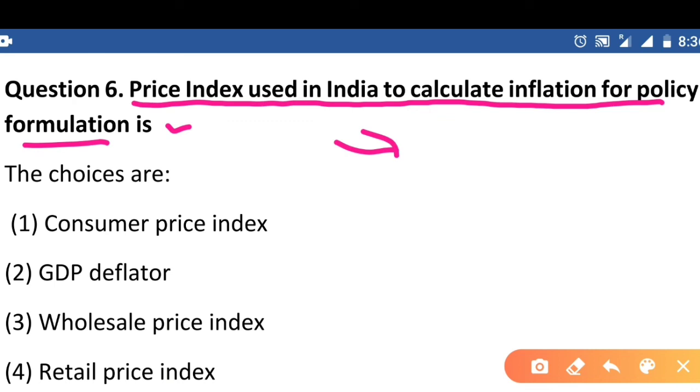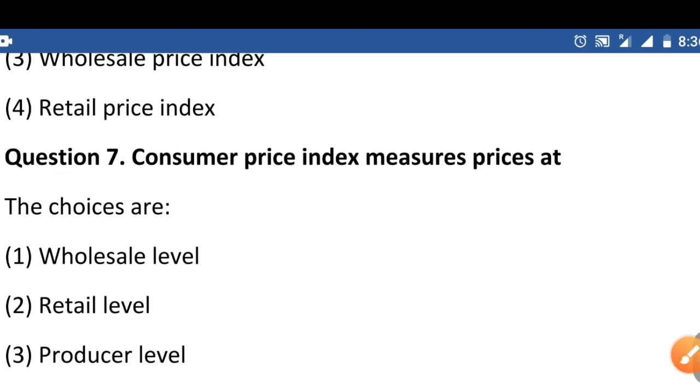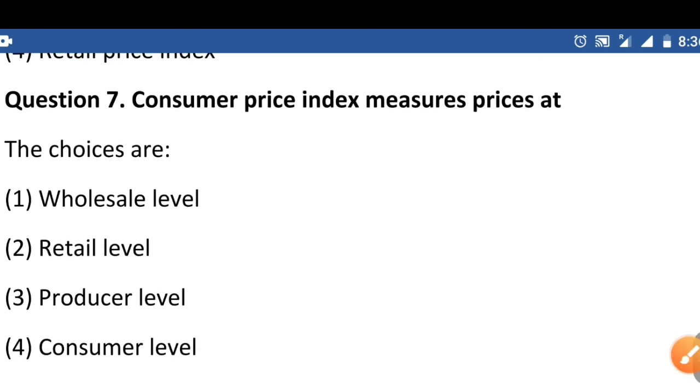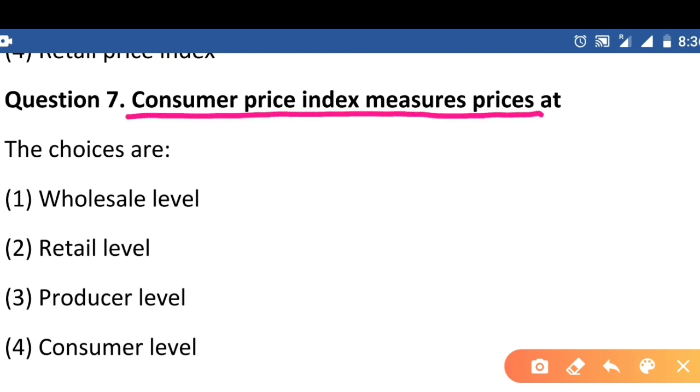What is that price index? Select the right choice: consumer price index, GDP deflator, wholesale price index, retail price index. Consumer price index measures prices at, so in consumer price index we measure the prices at which level? Select the right choice: wholesale level, retail level, producer level, consumer level.